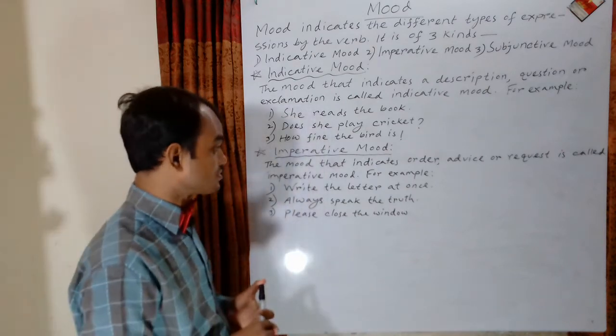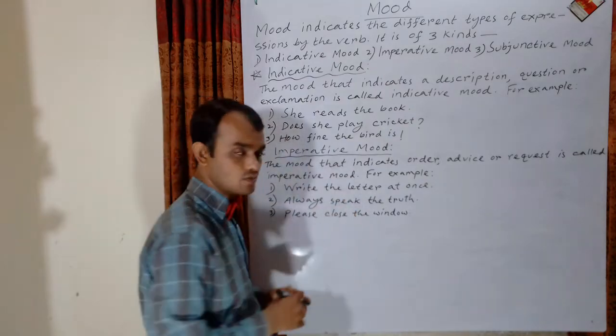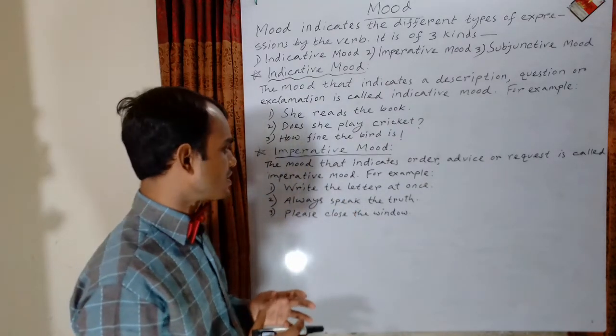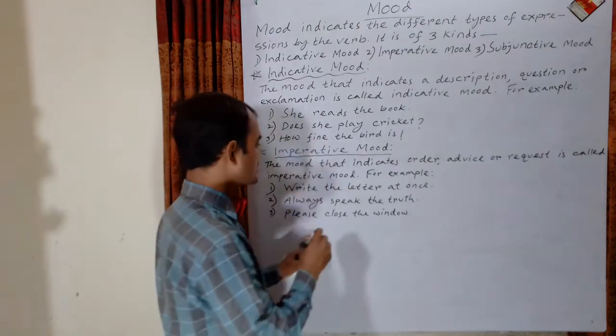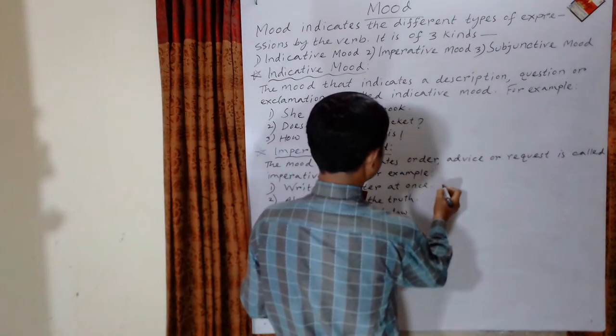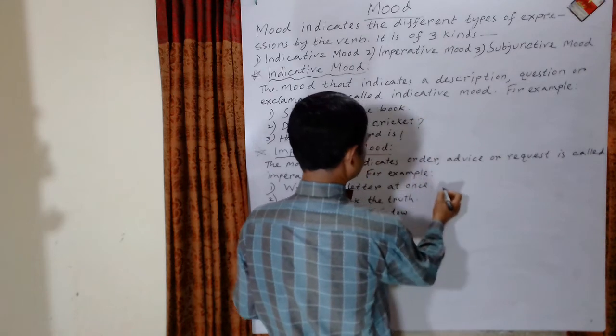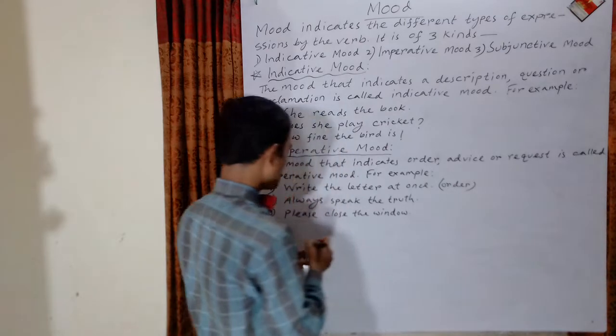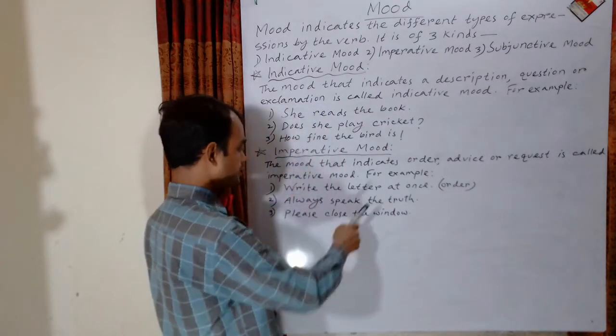Dear students, write the letter at once. The verb of the sentence indicates an order. For this reason, this is imperative mood. This is order. The next example, always speak the truth.